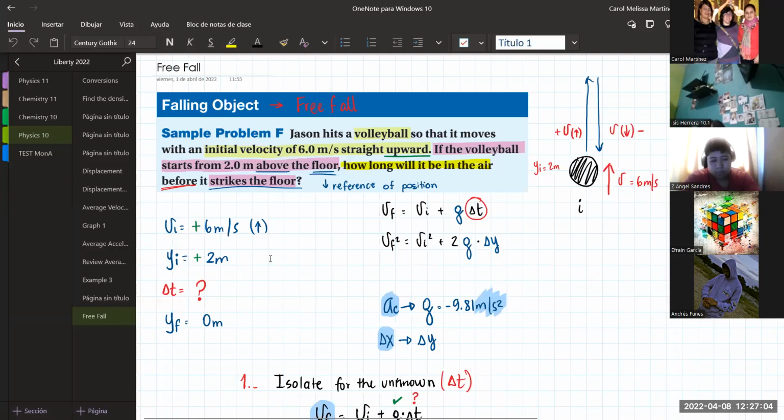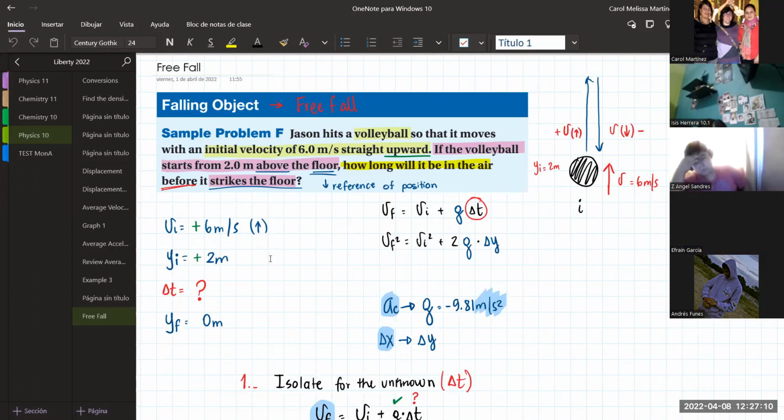Now imagine that the problem says the volleyball starts from 2 meters below the ground, then you have to write a negative symbol for it. So every word problem is going to have a different approach.